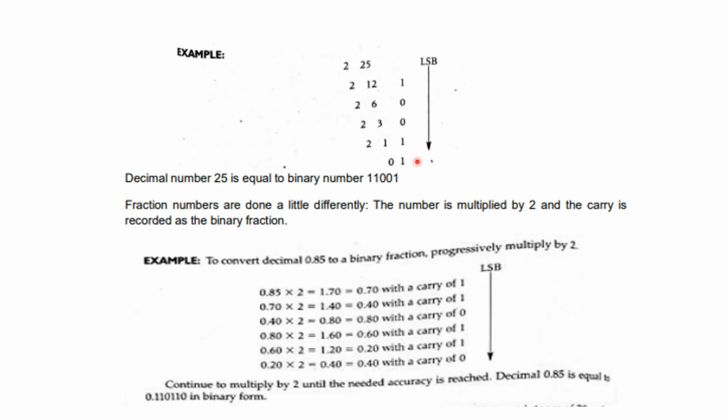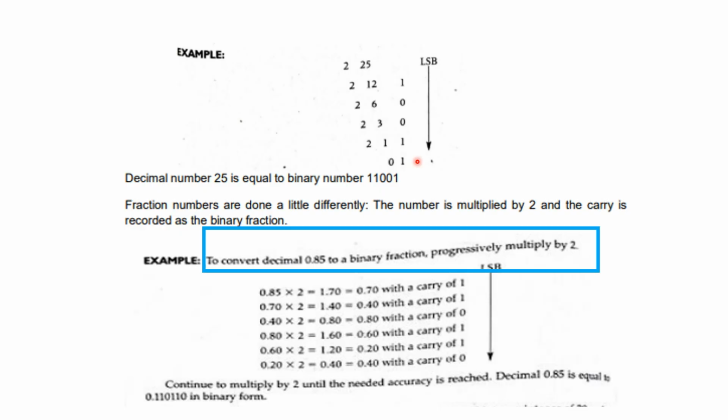So how are we going to get the conversion of decimal to binary after dividing? Get the remainders, and then you start from the bottom going up. So the equivalent of 25 is 1, 1, 0, 1.